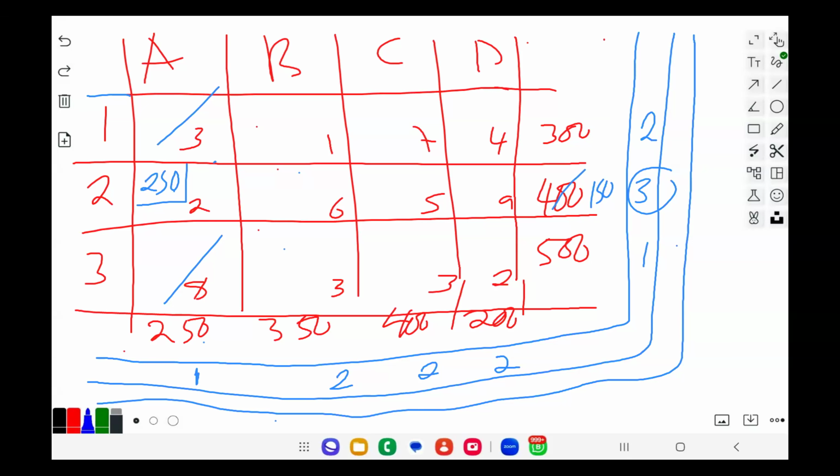How do we take the penalties? We have remained with that row. This particular row is 1, 7, and 4. So it's 1 and 4, and the difference is 3.